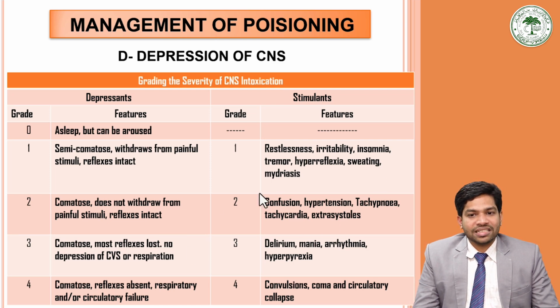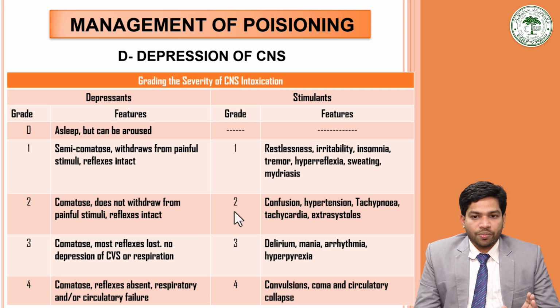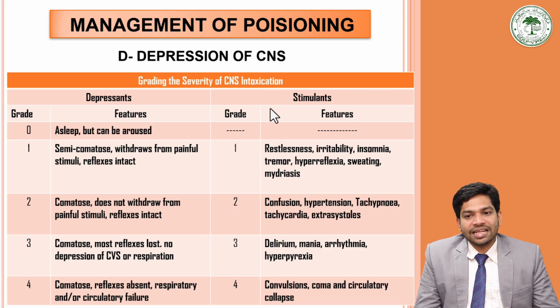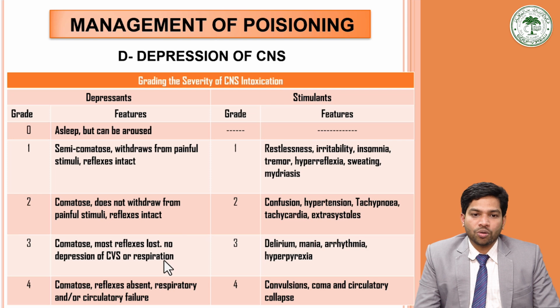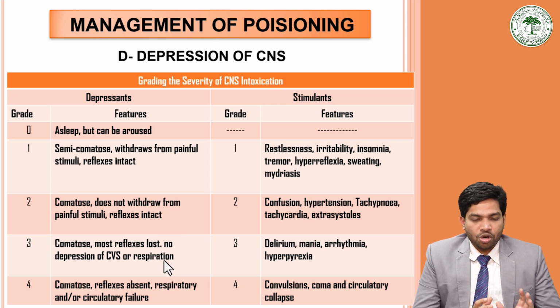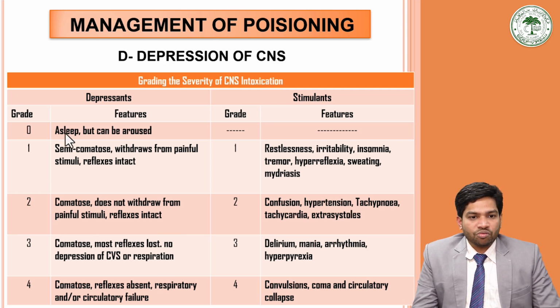It has the additional advantage that it takes into account not only CNS depressants producing coma, but also CNS stimulants producing coma. CNS stimulants produce coma in the last stage, whereas CNS depressants produce coma in the initial stage. So this scale has been devised as a practical scale, particularly in cases of intoxication. If the person has taken depressants, then this 0 to 4 scale is used.